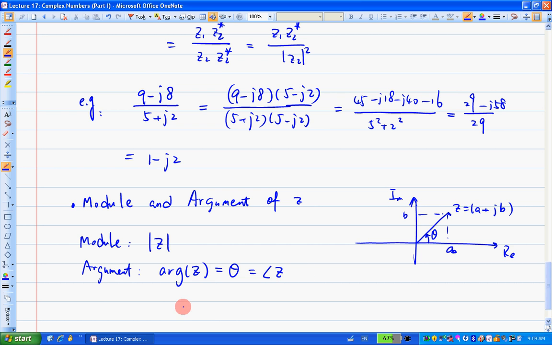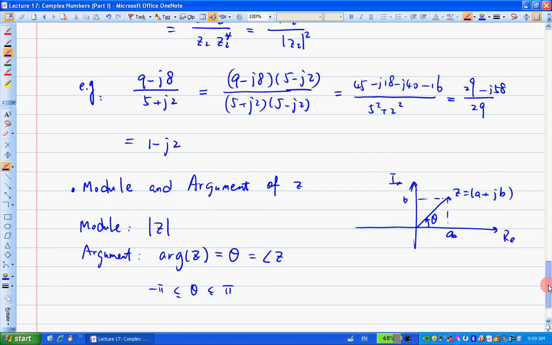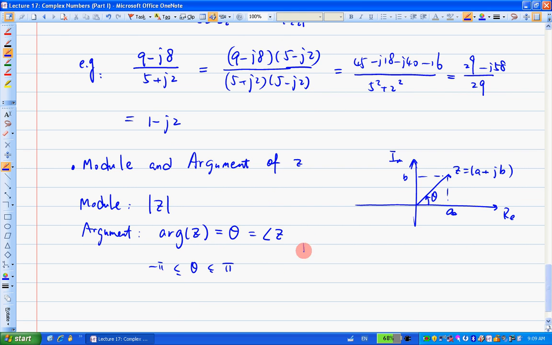So the range of theta is negative pi to pi. This is also called the phase. In AC circuit analysis, you have this phasor analysis.